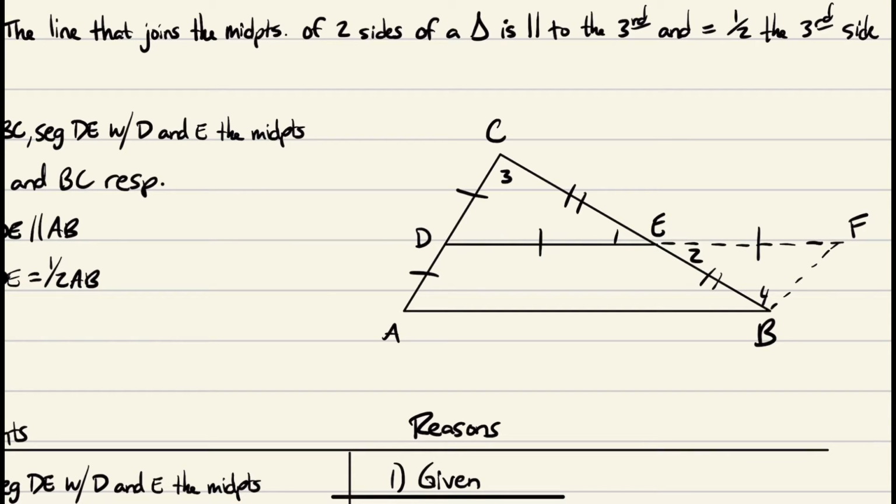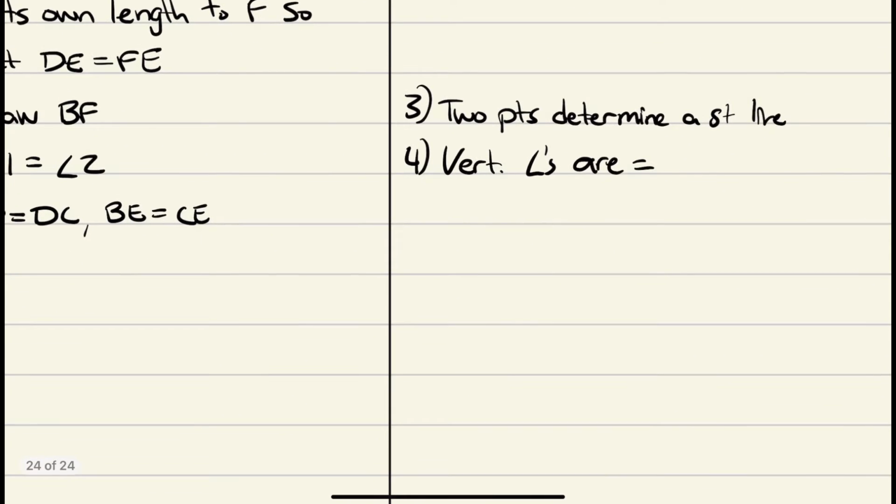And I need to make these two hash marks, because I forgot that I've already stated over here that those are equal to each other, just to keep everything correct. So we have now equal line segments here, because we were told in the given that these are the midpoints of the two sides. So a midpoint bisects or divides a line segment into two equal parts. So we could say that those equal each other because of the definition of a midpoint.